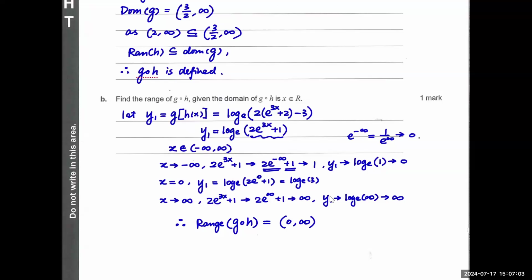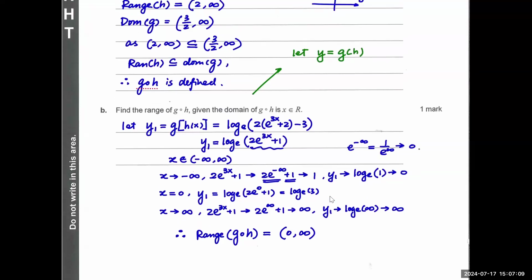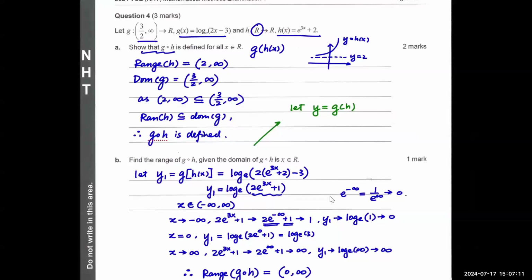Alternatively, you may just want to say, okay, let y equals g of h, but you're not writing x down. And then you just get y equals log e of 2h minus 3. For x belongs to all real numbers, your dummy variable h or inner function will be, let's say, 2 to infinity.